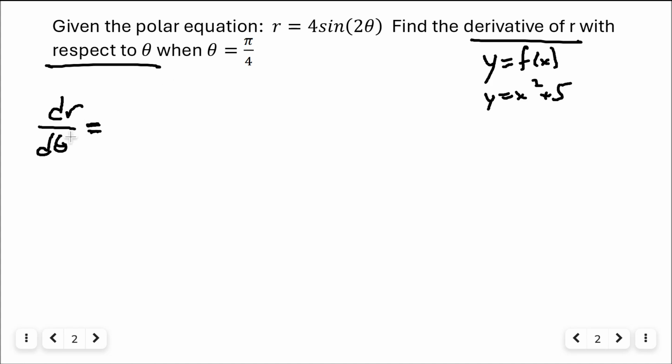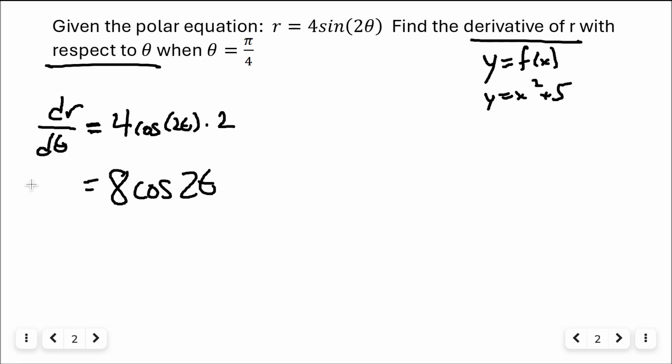So the derivative of r is dr d theta. The derivative of 4 sine 2 theta is 4 cosine 2 theta times 2 with the chain rule, which gives me 8 cosine 2 theta. Then I want to take dr d theta and evaluate it when theta is pi over 4.